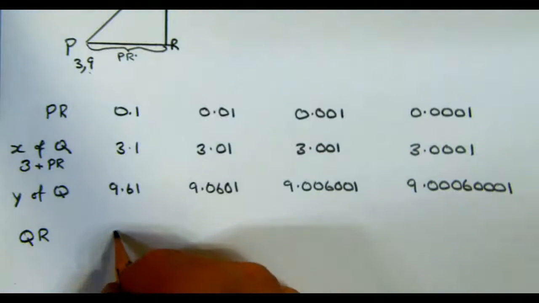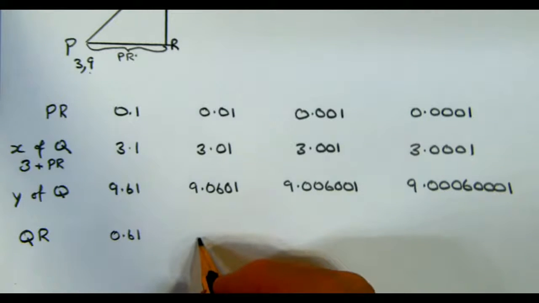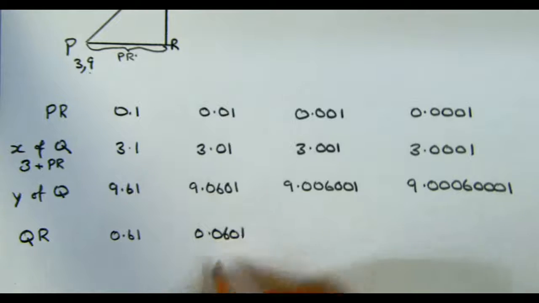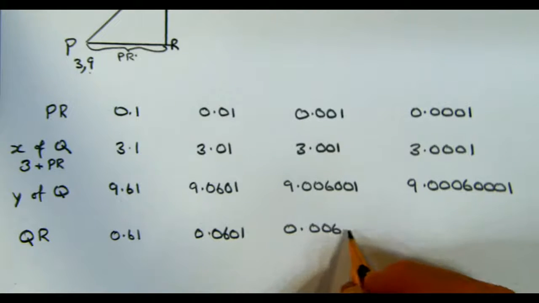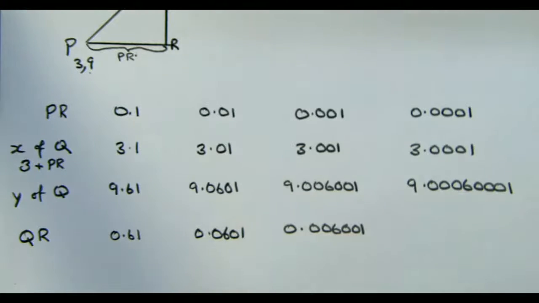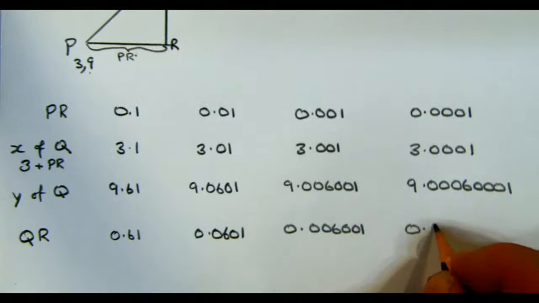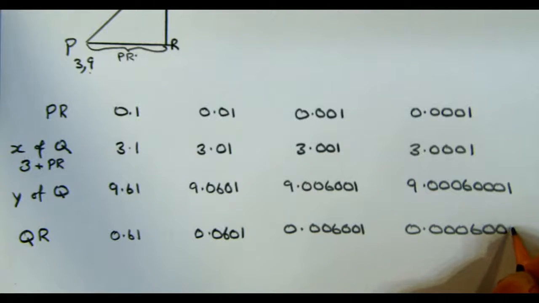So this is going to be 0.61. This one's going to be 0.0601, then 0.006001, and this is going to be 0.00060001.